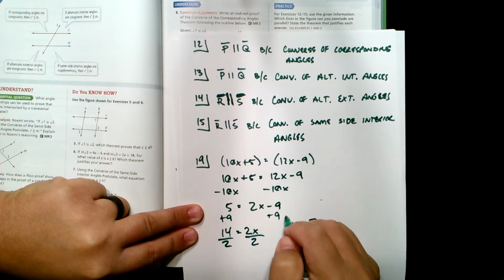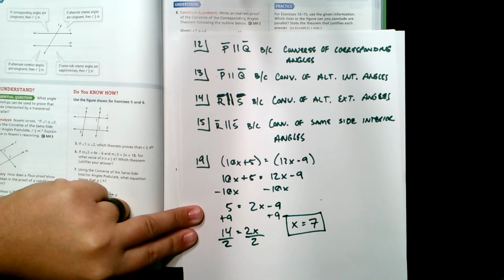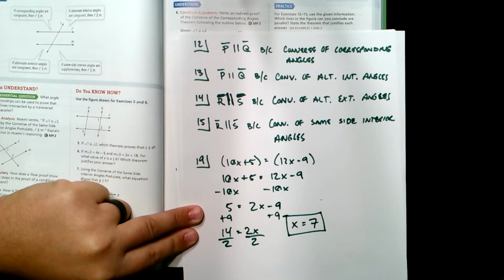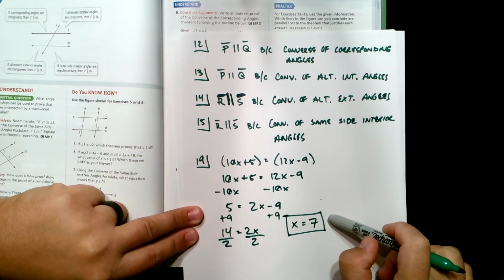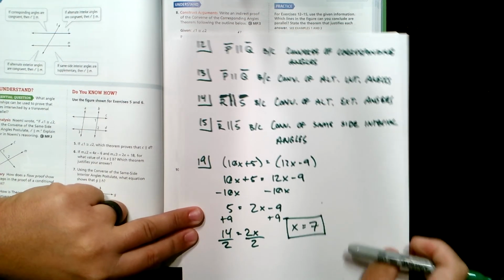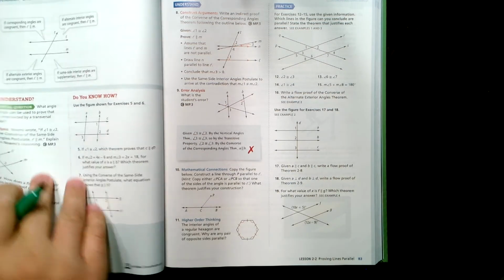My last step, divide by that coefficient, and I have x equals 7. So for number 19, when x equals 7, lines F and G will be parallel.